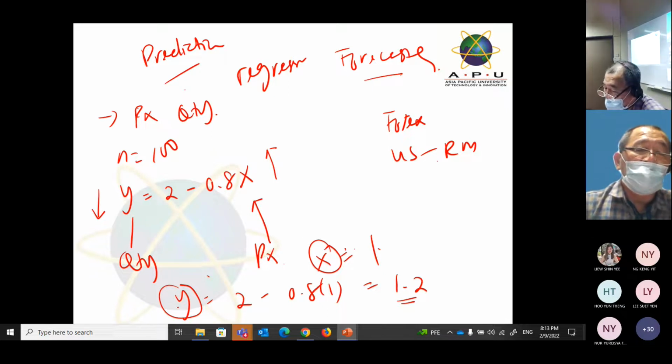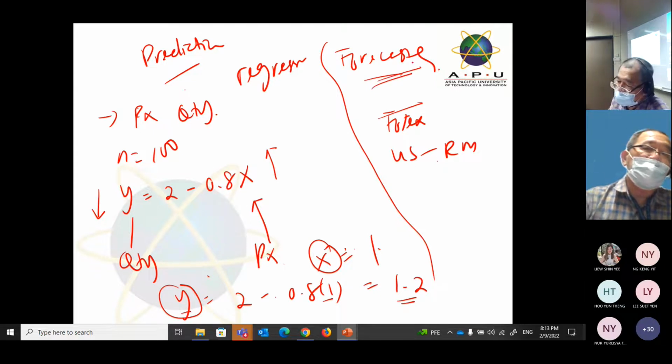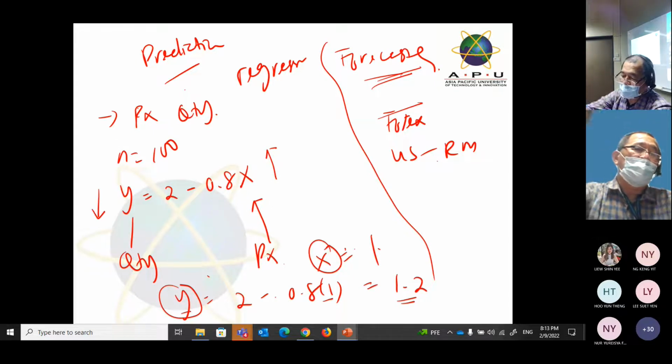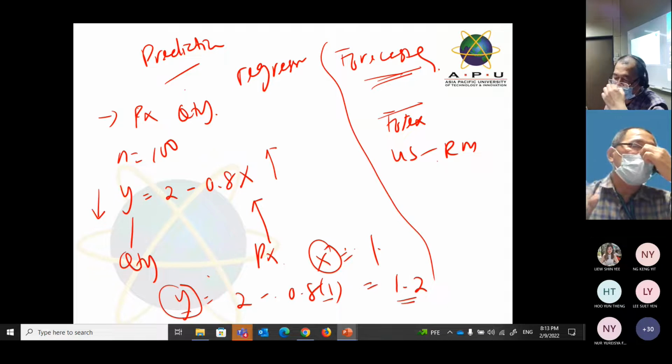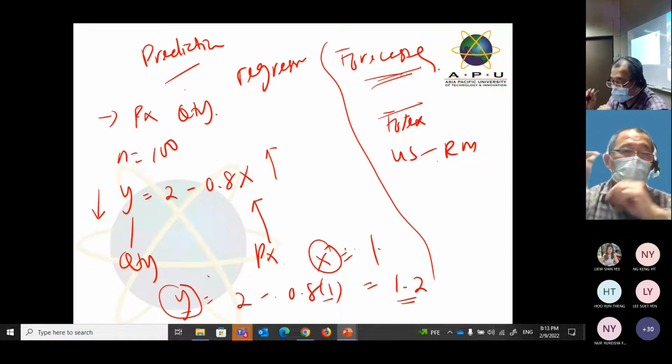We can predict the y using the x because we can find the formula or equation. But forecasting must forecast for the future, while prediction is confirmed not for the future. This is different.